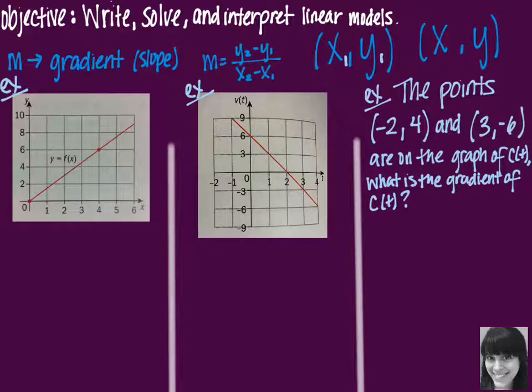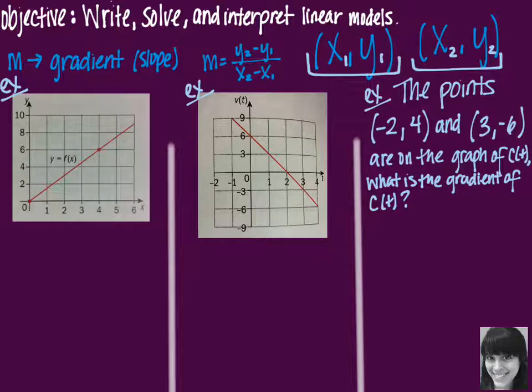The second point will be your x2, y2. It doesn't matter which point is which, but in one point you have to use the sub 1, sub 1, and the other point you have to use sub 2, sub 2. You can't do x sub 1, y sub 2. You can't do that, okay? I'll show you what I mean.